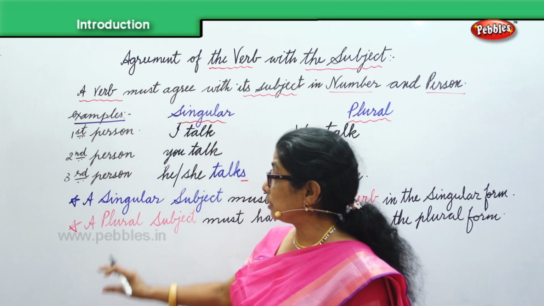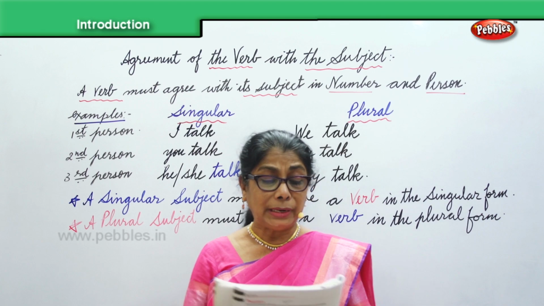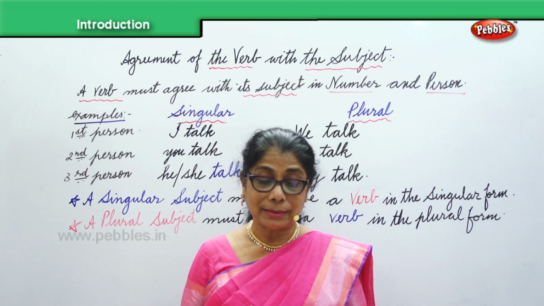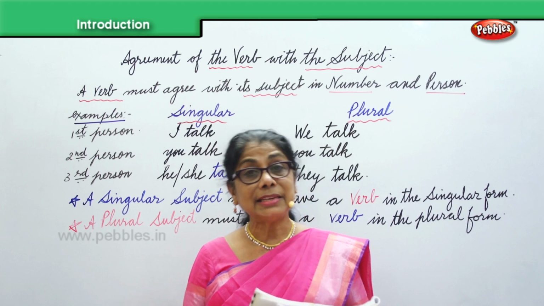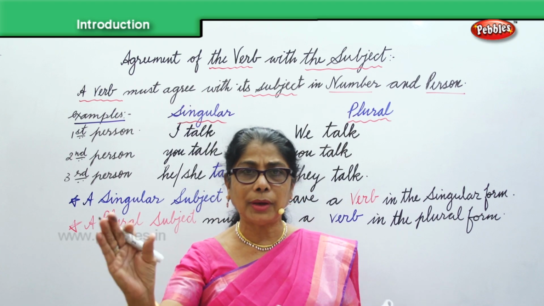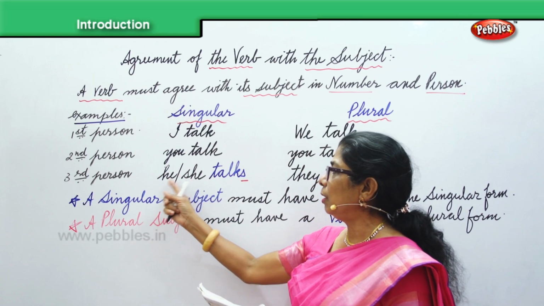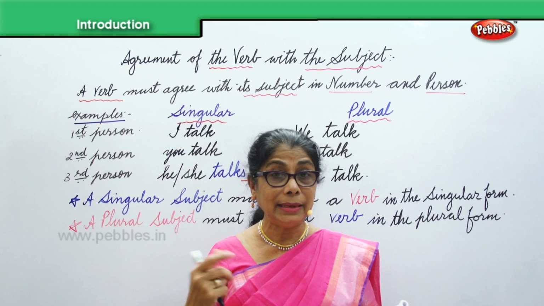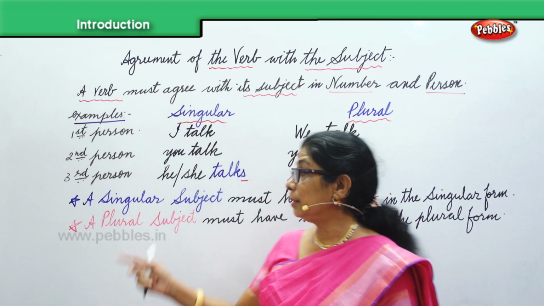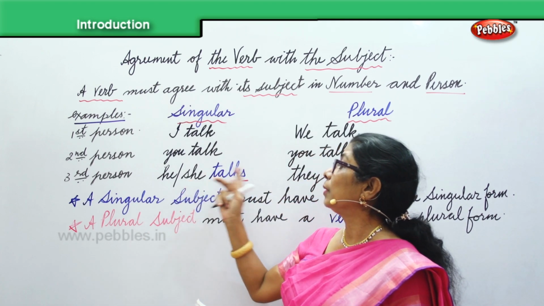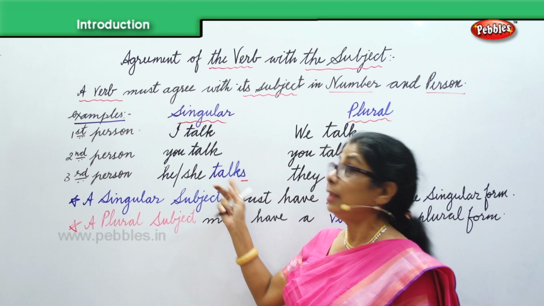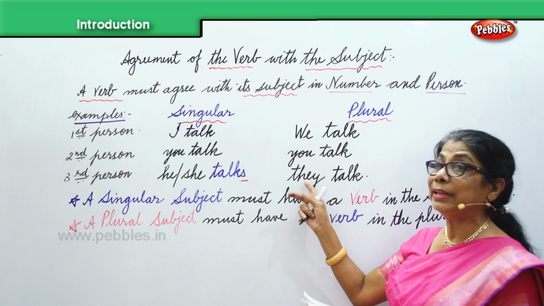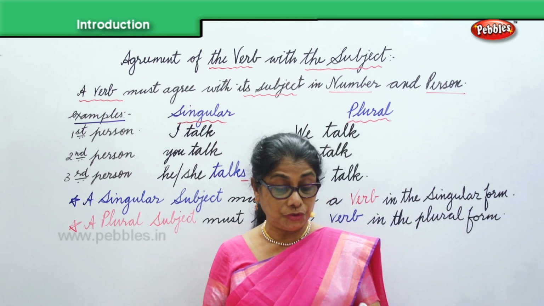So we are going to discuss some rules which will help us decide whether the subject is singular or plural, and how the verb agrees with the subject. Here, the singular form is talk, and for the plural form, when the number changes, there is a change.